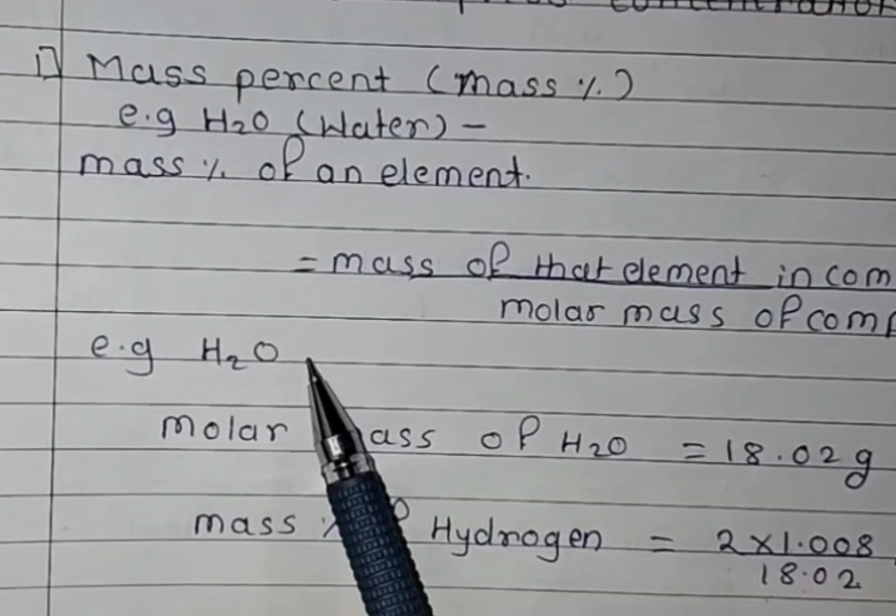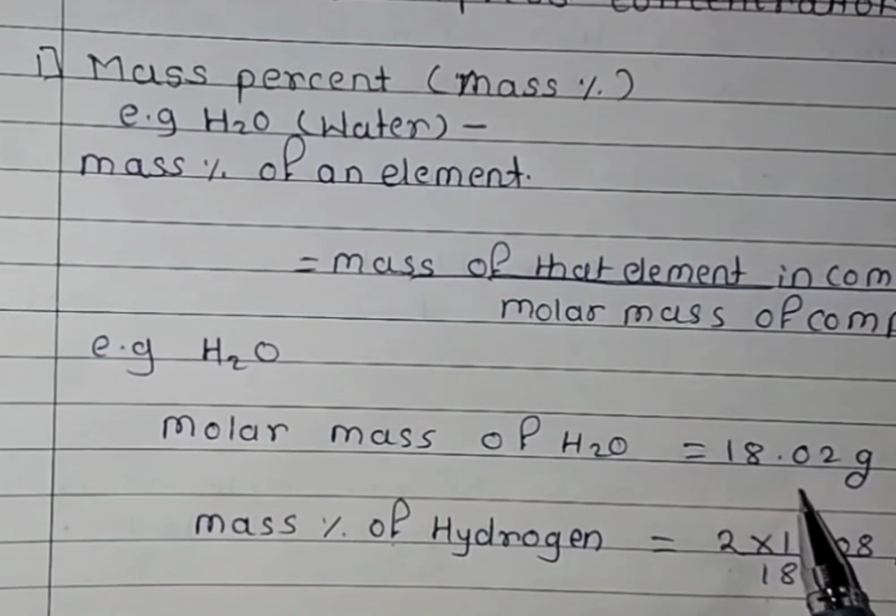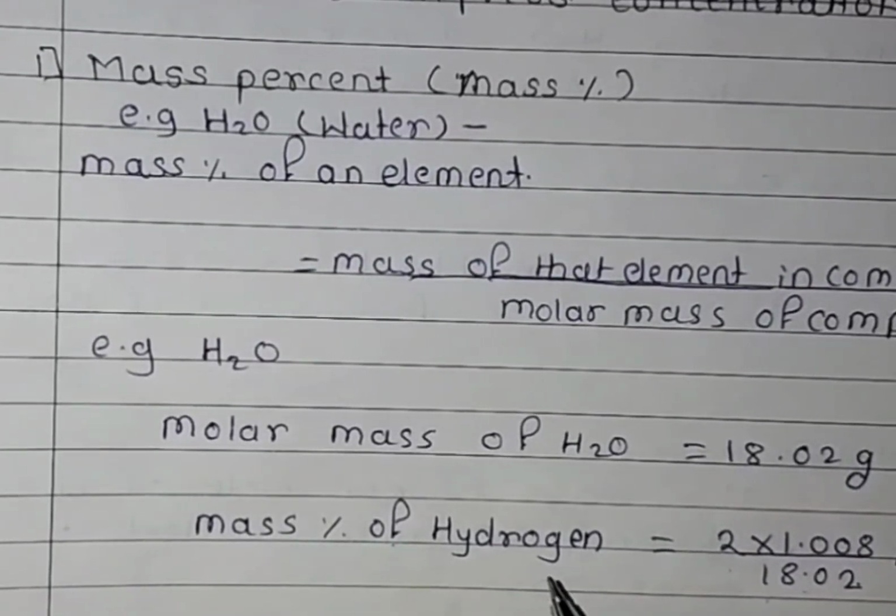For example, the water molecule. The molar mass of water is 18.02 gram. Then calculate the mass percent of hydrogen. The mass percent of hydrogen is equal to 2 multiplied by 1.008, into 100, divided by 18.02.